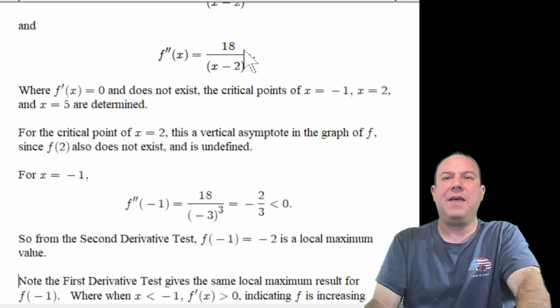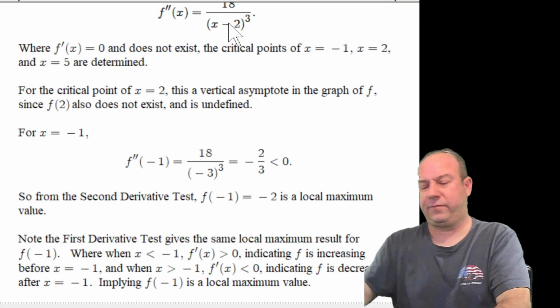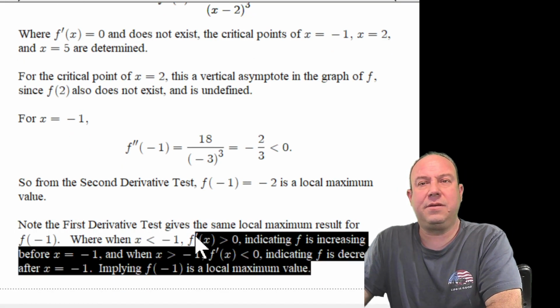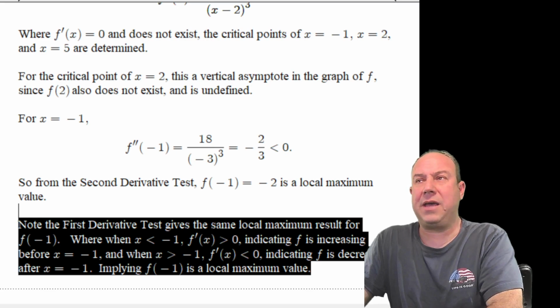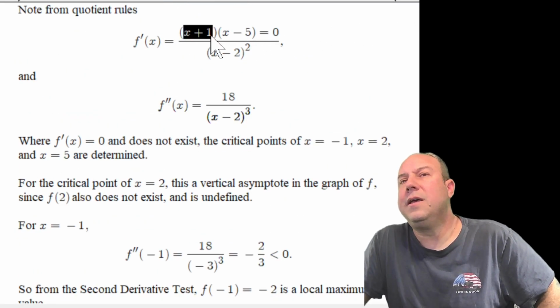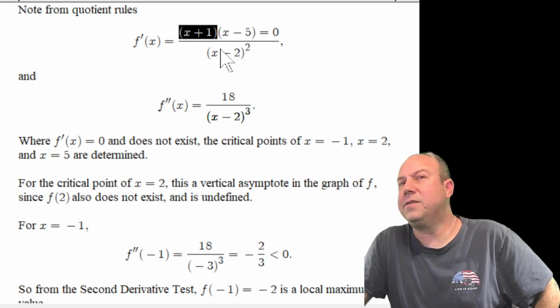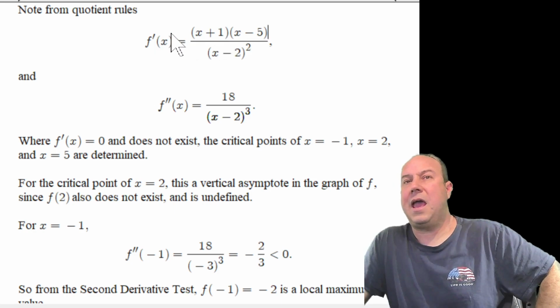And then note at x equal to 5, we also had a critical point. Well, first of all, let's say here we get the same result from the first derivative test. If we go back and analyze our first derivative, for values smaller than -1, this will be negative, and this will be negative.